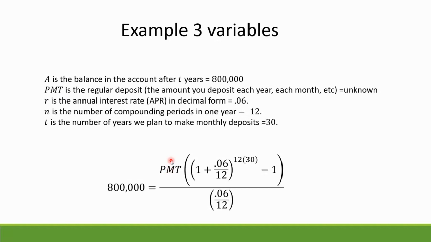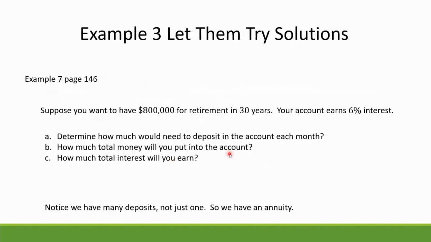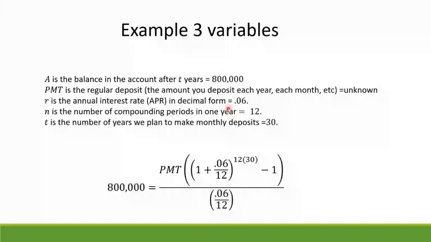The annual interest rate is given to us, 6%. For the formula, though, you have to convert it to a decimal, so it's 0.06. We said it's being compounded monthly, so in a year, 12 times.